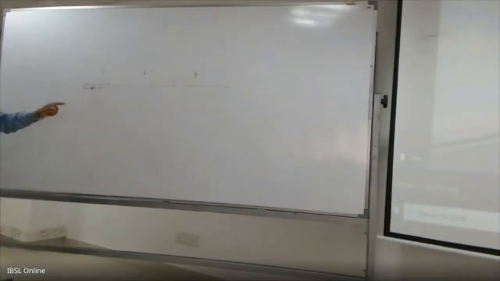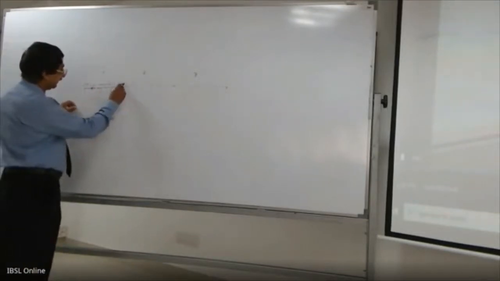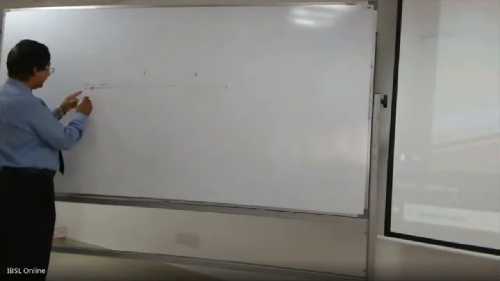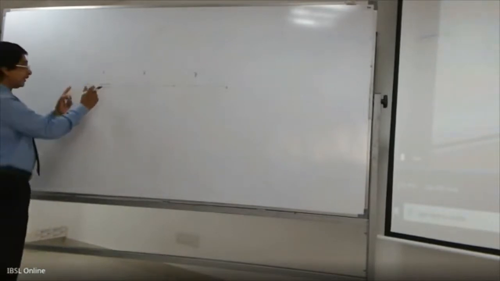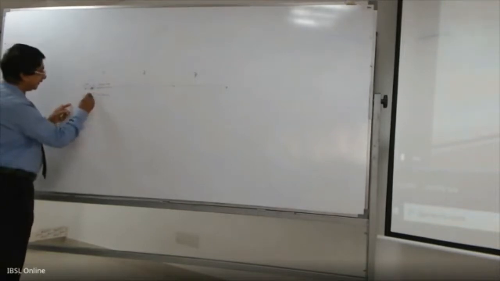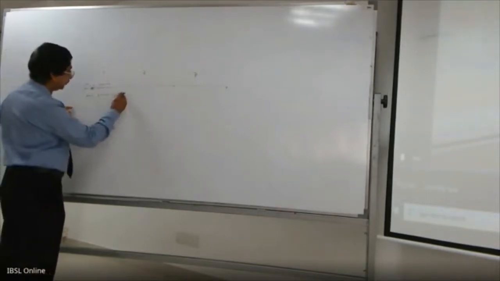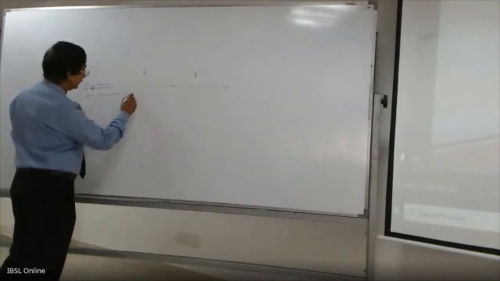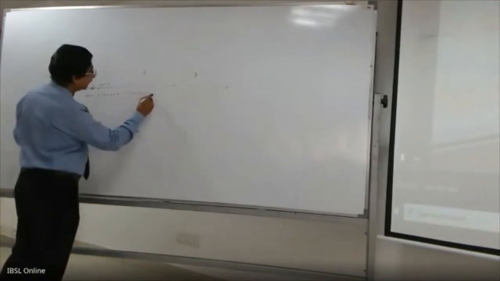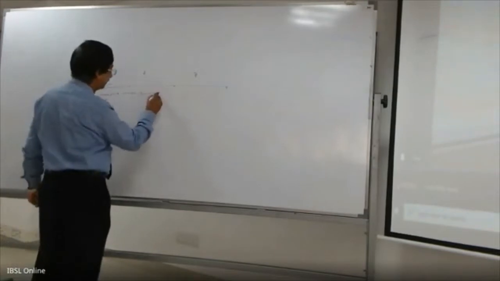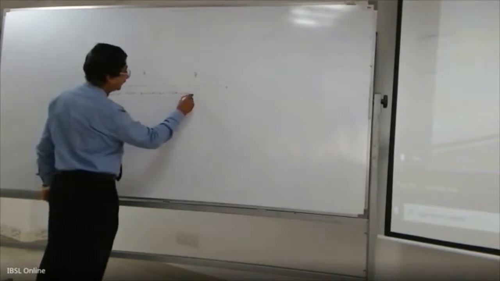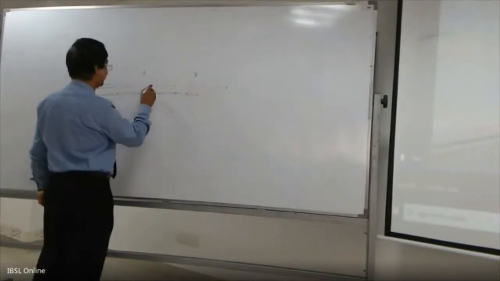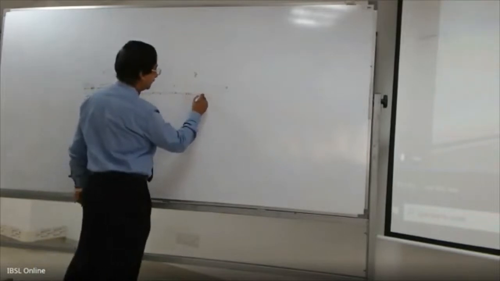Right. Now this is how things come. Then this is another 6 month period. So when you put the 6 month periods, you can number them. This is number 1, 2, 3, 4, 5, 6.